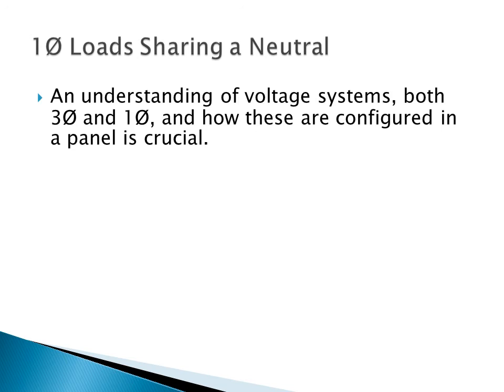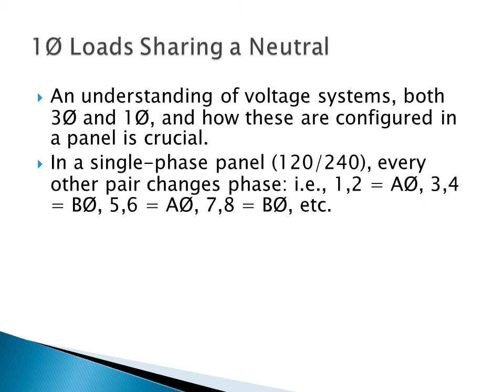You really need to have a solid understanding of voltage systems, 3-phase and single-phase, and how these look in a panel. So let's just go over that really quickly. In a single-phase 120-240 volt panel, every other pair of circuits changes phase.